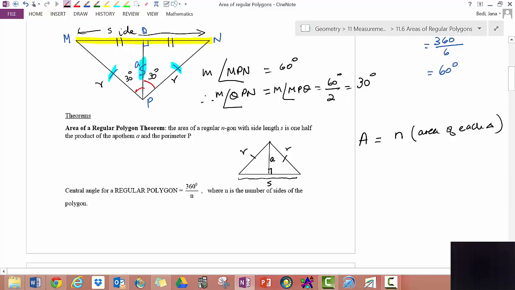Okay, so the area of each triangle is base times height divided by 2. And I'd like to arrange it in alphabetical order, that is a n s over 2.